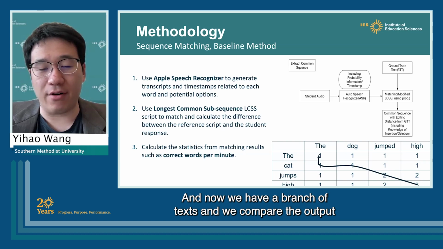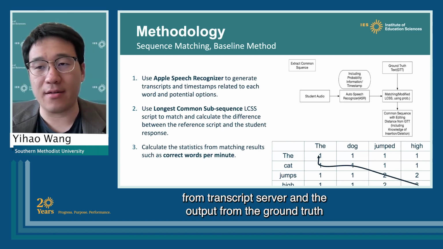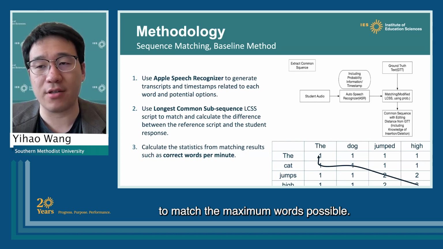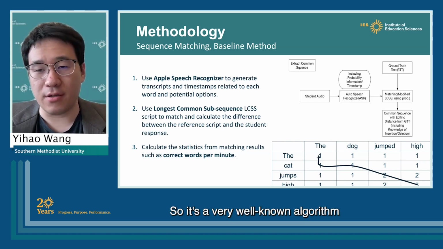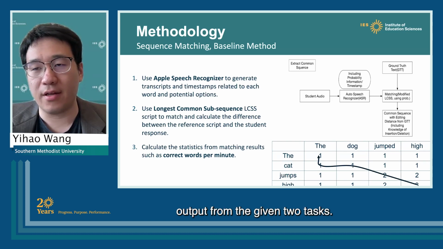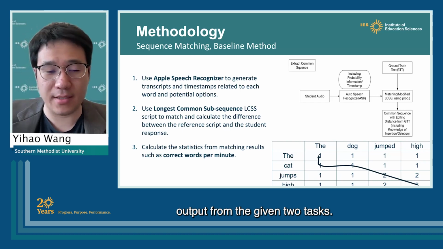And now we have a ground truth text, and we compare the output from the transcription server and the ground truth, using the longest common subsequence to match as many words as possible. It's a very well-known algorithm in computer science, which can get the maximum match from two given texts.